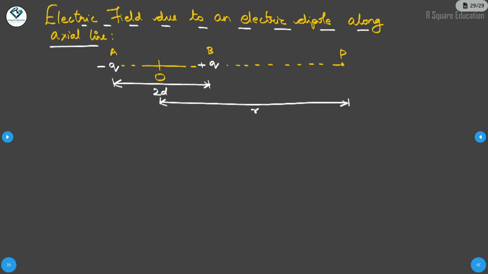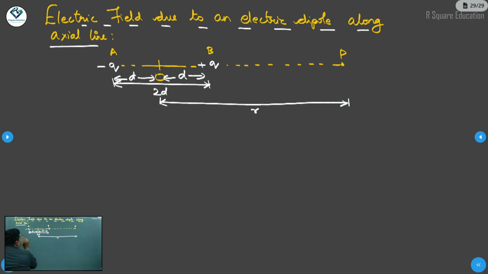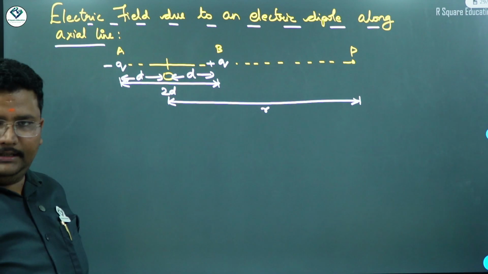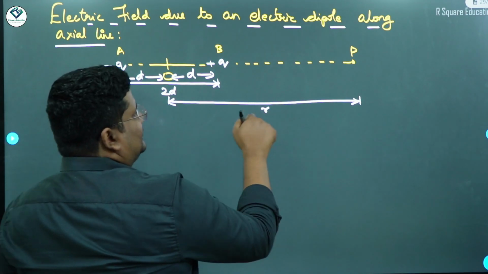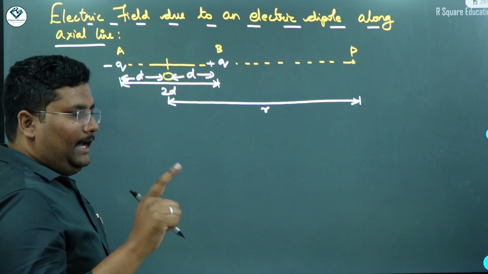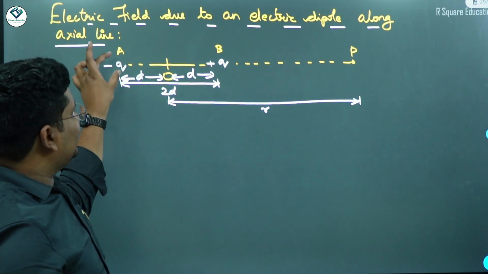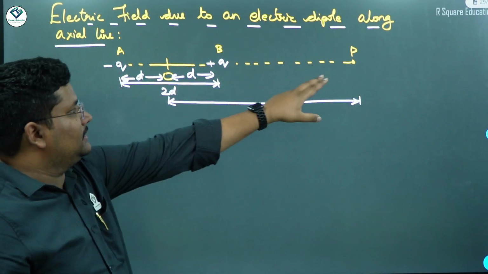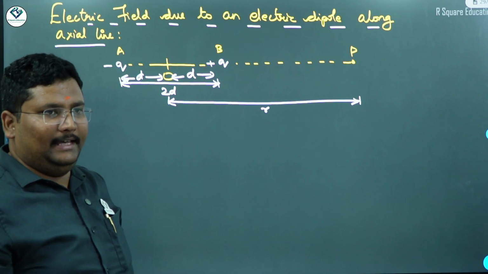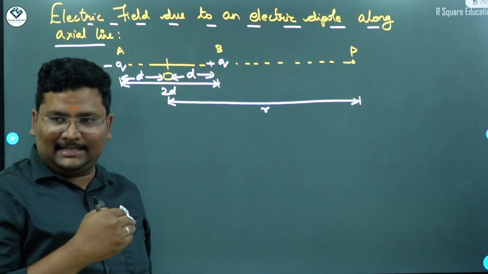So for now we have taken two equal and opposite charges separated by a distance of 2d. Right? Now can I divide this as d for this part and d for this part? Correct? Okay. Next, this distance is r, and what will be the electric field due to the negative charge at this point? Electric field will always move towards the charge.